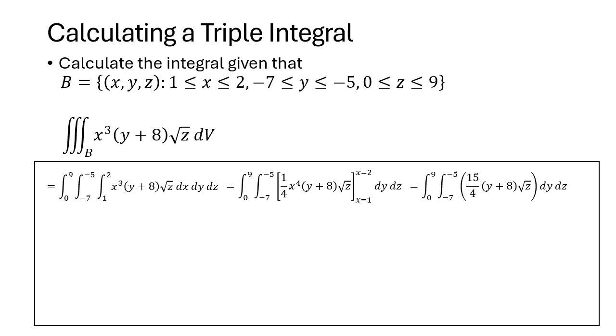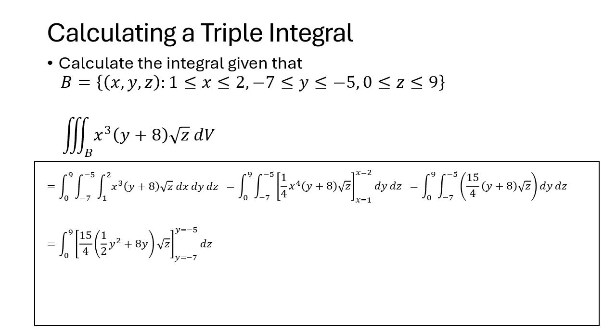Going with the next layer, I have dy. So I'm going to take the antiderivative of y plus 8, noting that everything else is being multiplied and does not involve y. Doing so results in 15/4 times (1/2 y squared plus 8y) times square root z evaluated from y equals -7 to y equals -5.